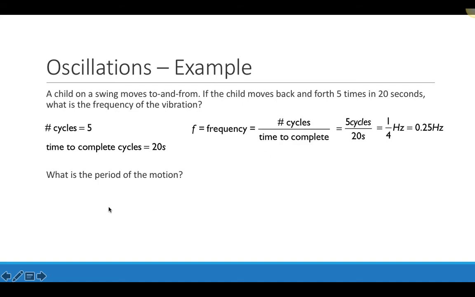We can also determine the period of the motion, the time to complete one cycle, and we know that period is 1 over the frequency, so 1 over 0.25 hertz is 4 seconds. And so there is this inverse relationship between those two quantities. We also could have calculated the period by taking the total time of 20 seconds divided by the number of cycles, 5, and of course that would also give us 4.